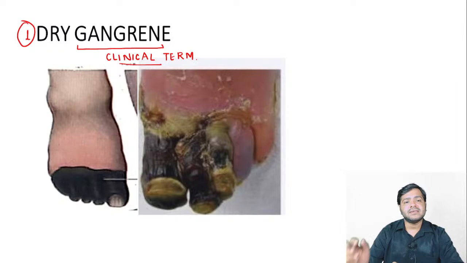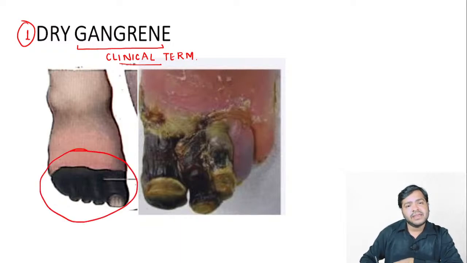And remember, guys, what I'm trying to show you over here is that the blood supply to this particular area of the limb, for example, like foot or hand or any particular part of the limb, is reduced. So we say that in dry gangrene, basically, it is the area of complete ischemia.